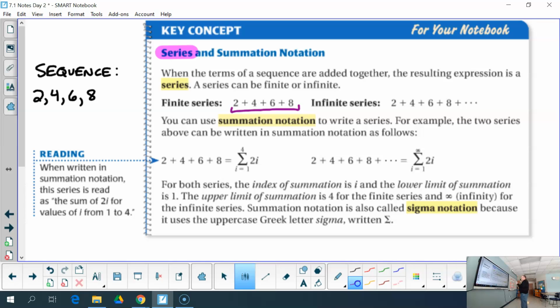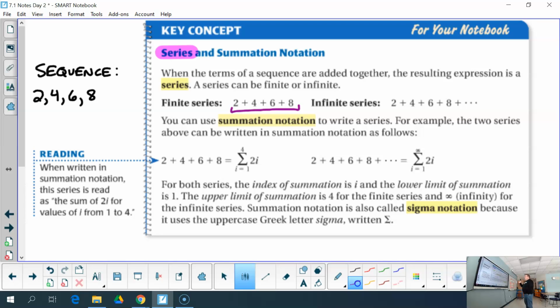When we get into next week with geometric sequences and series, we can find sums of infinite ones because the numbers get so small that we're really not adding anything. But in this case, we're adding 2 every single time. That number is always going to keep going, and so you can't find the sum of an infinite series.